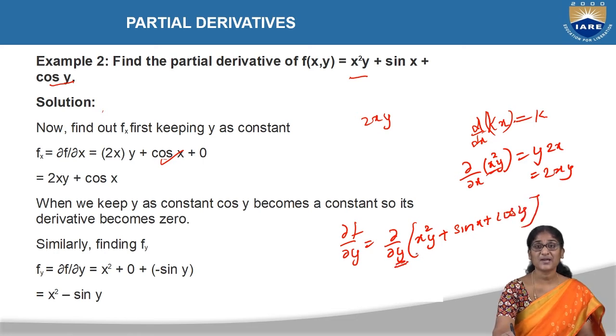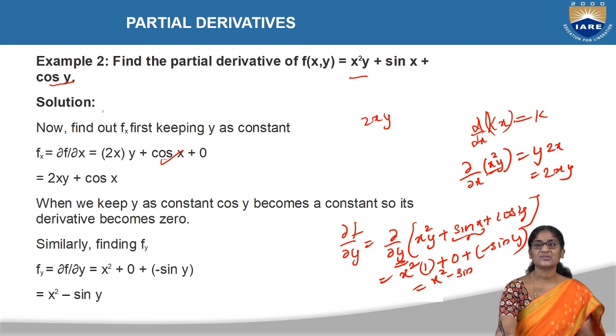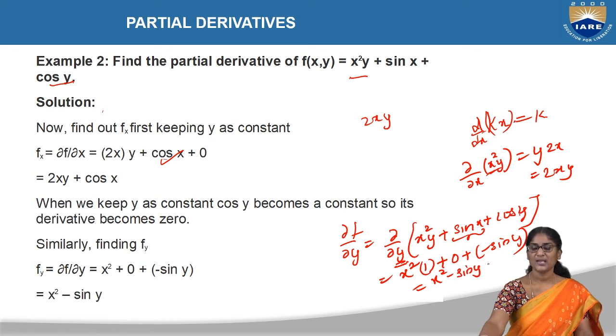When you are differentiating partially with respect to y, x acts like a constant, so x square is constant here. The derivative of y with respect to y is 1. The second term does not contain any y, so it is 0. The third term contains y, and the derivative of cos y is minus sin y. So dou f by dou y is x square minus sin y.